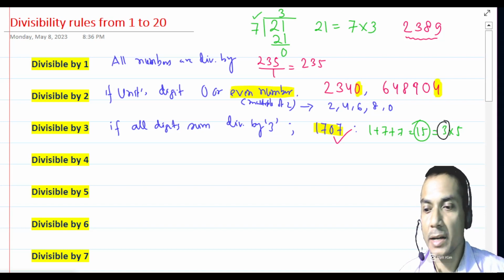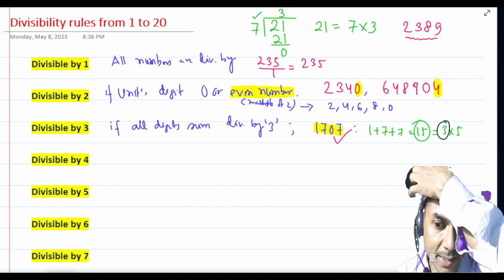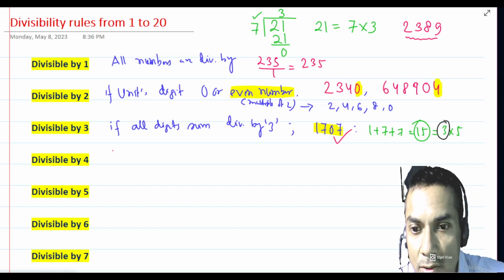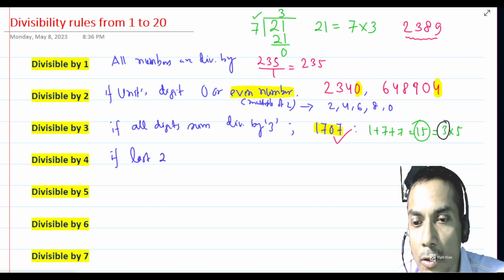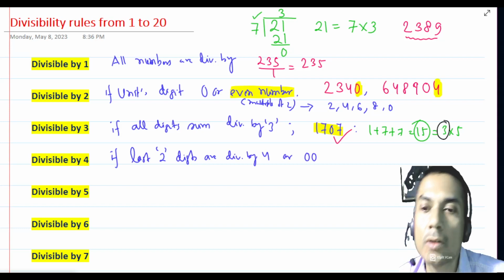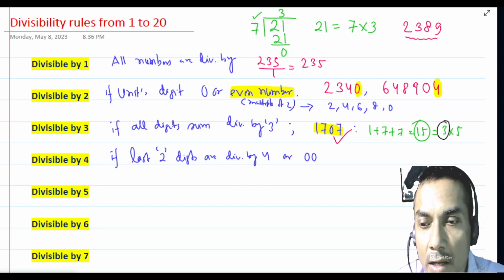Next, how can we check divisibility by 4? If the last two digits are divisible by 4 or are 00, then the number is divisible by 4. I give you one example.